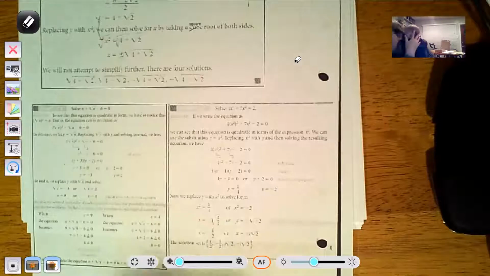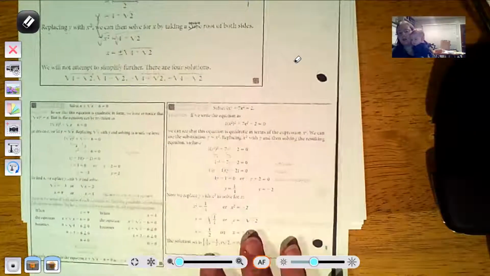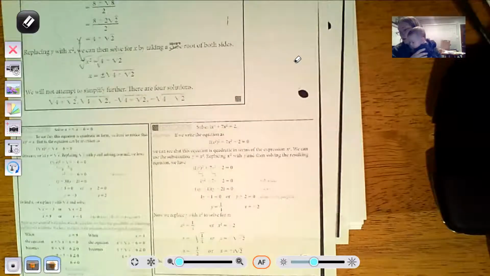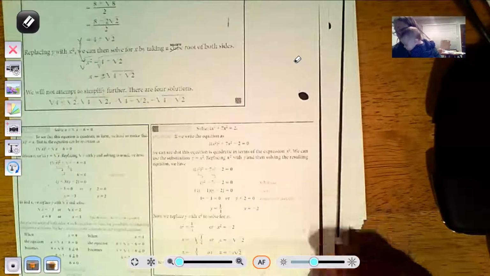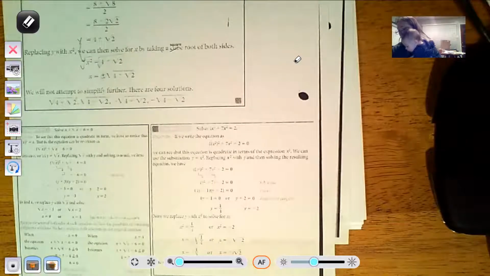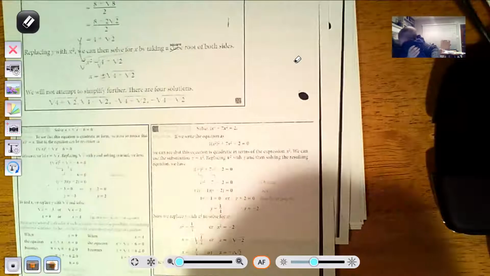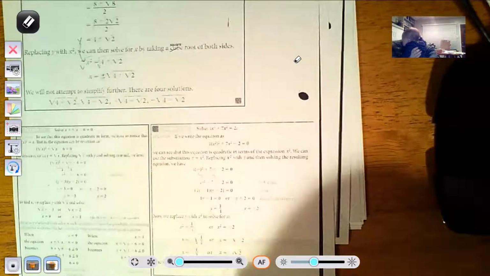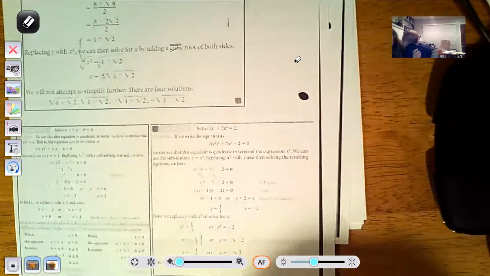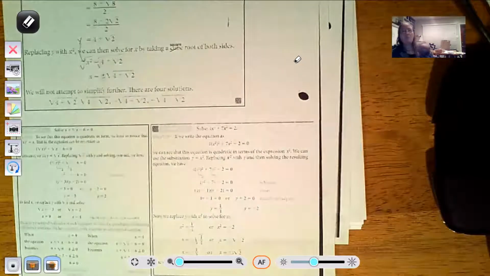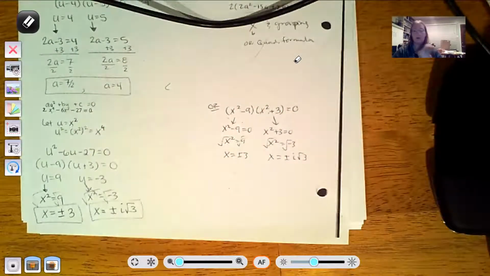And then the example here I put down because of the extraneous solution. And then this one I put down because of the square root property and having a negative, so you have i involved. So those were just a couple other examples from your textbook. It'd be a good idea to review.